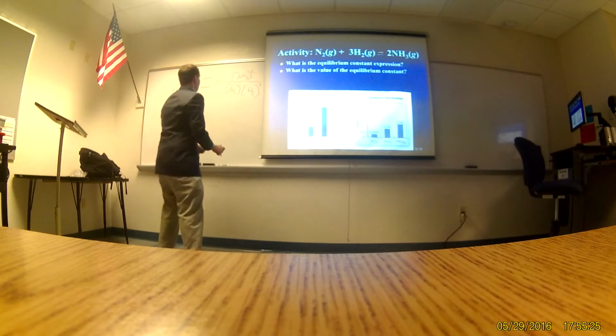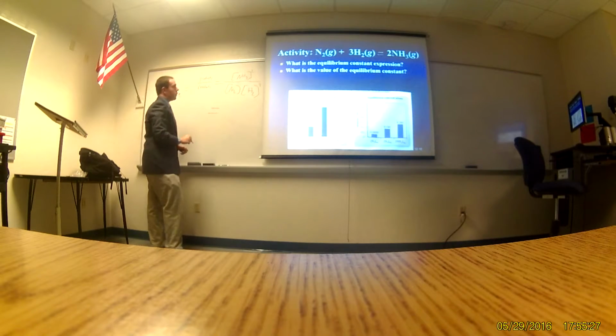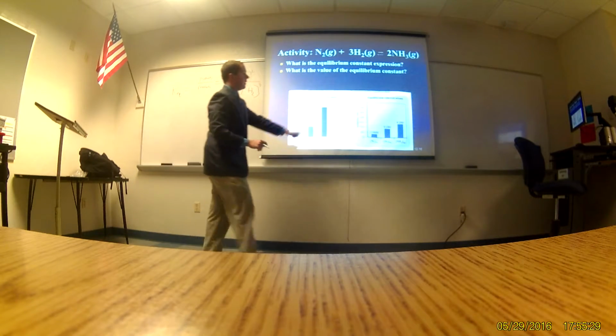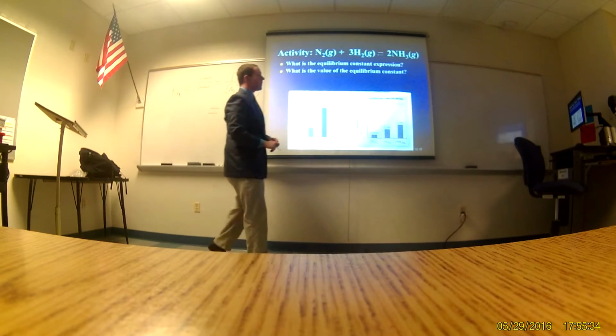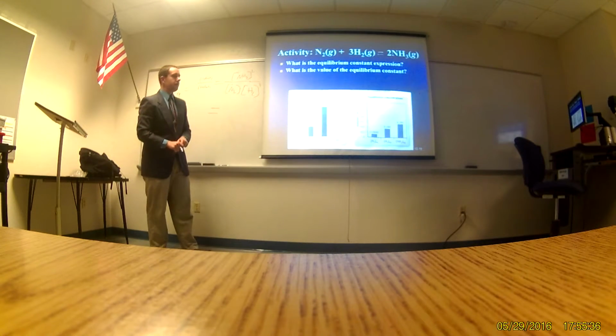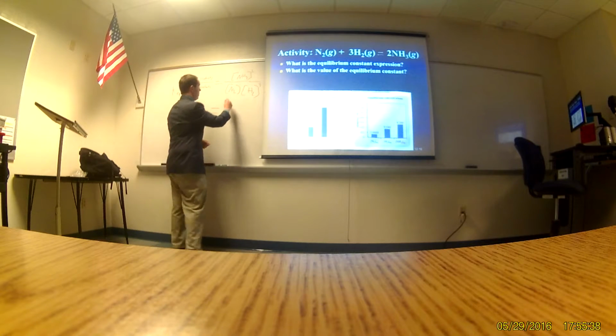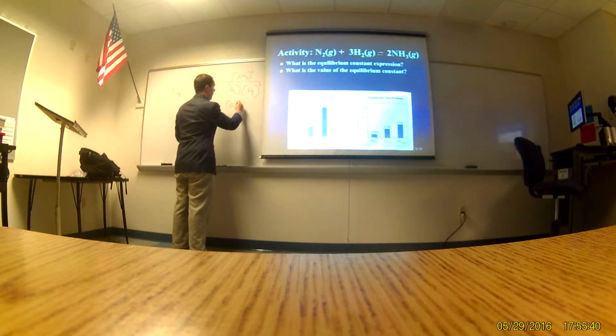So here, in our example, what is the concentration when we're at equilibrium, so we're in this graph, what is the concentration of NH3? 0.280, and it's squared.